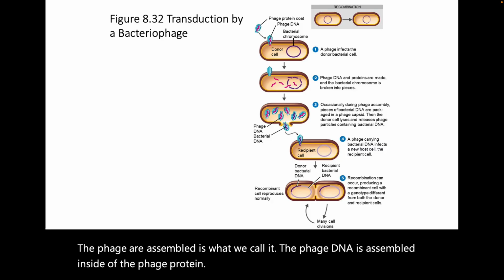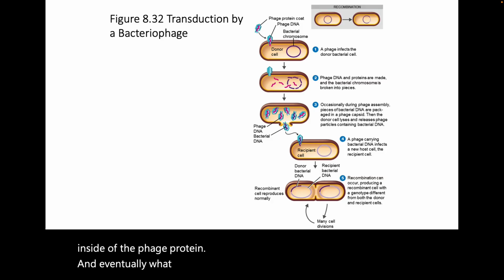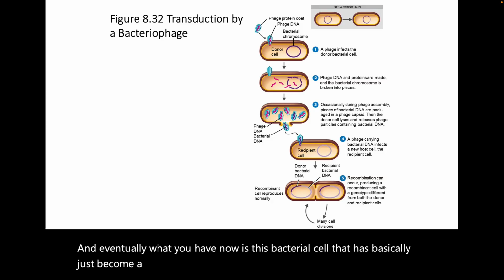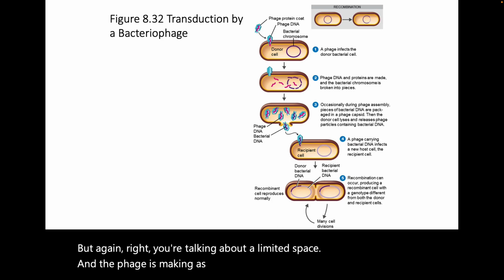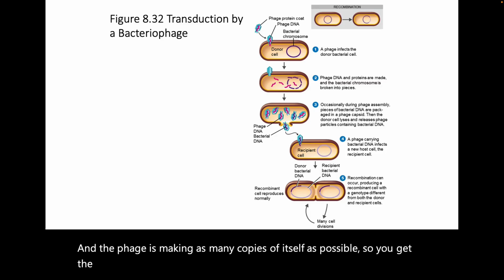And eventually what you have now is this bacterial cell that has basically just become a phage factory. All it makes is phage. But again, you're talking about a limited space, and the phage is making as many copies of itself as possible, so you get the cell to explode, which releases all of the phage to go on and infect new cells.